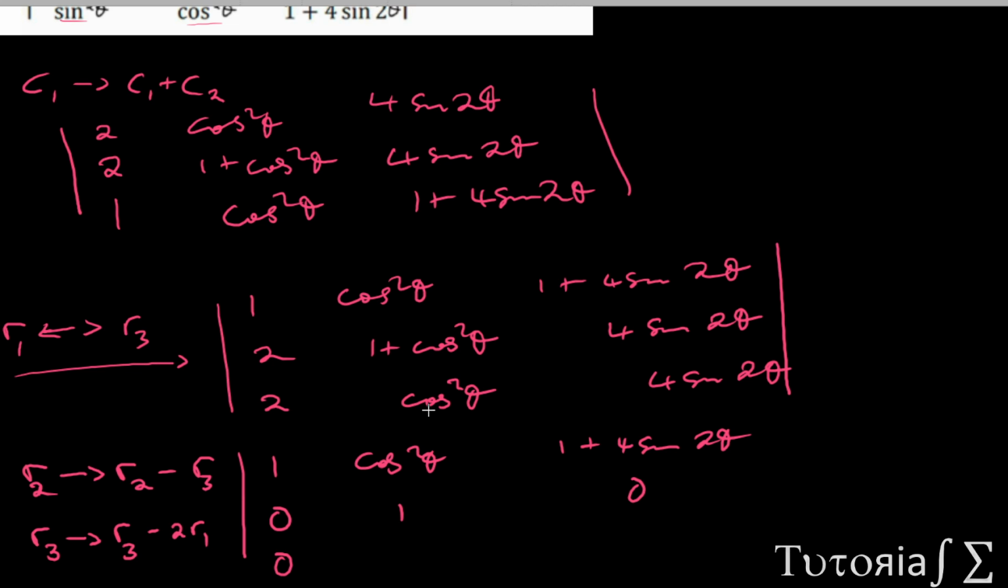So row 3, which is cos squared theta, minus 2 times that will be negative cos squared theta. Then row 3, this minus that, is 4 sine 2 theta minus 2 minus 8 sine 2 theta. So we see that it will simplify to negative 2 minus 4 sine 2 theta.